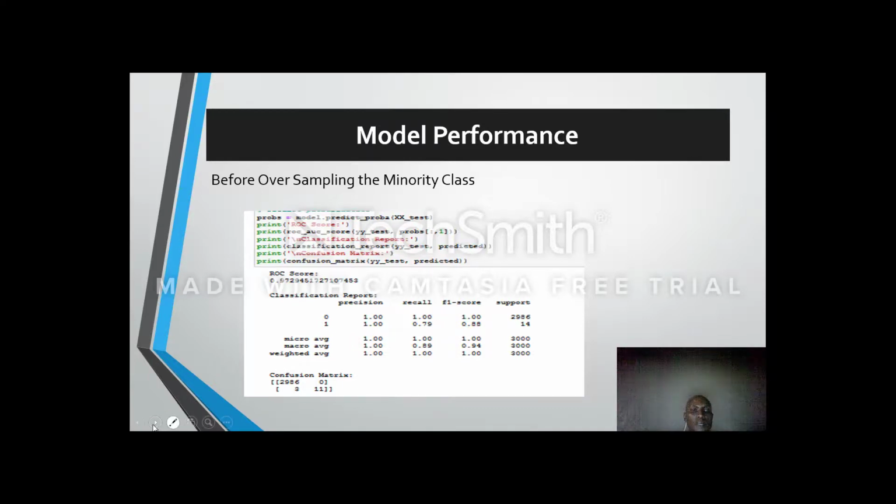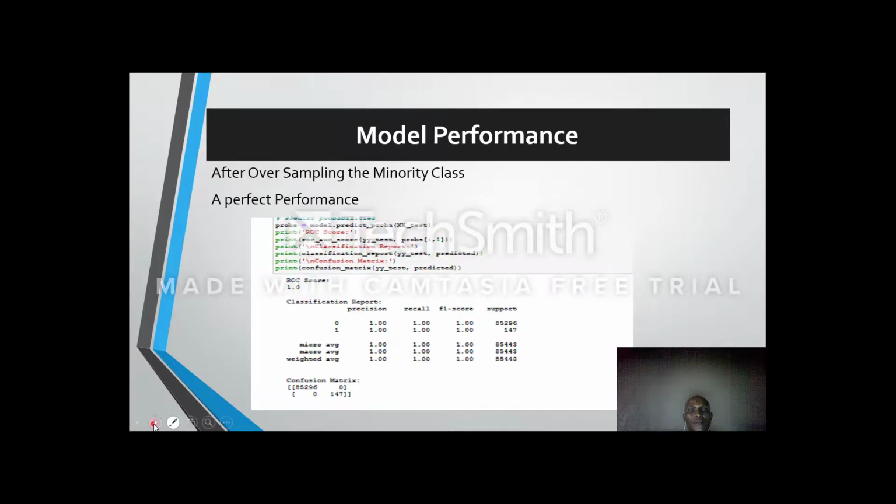This is an indication of the issue with imbalanced data. So let's see what we get after applying oversampling the minority. After applying oversampling the minority, our model has now gone to a perfect result. Our ROC is 100%, precision 100%, recall 100%, F1 100%.